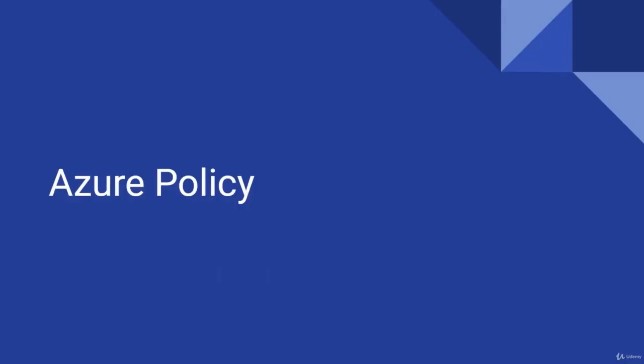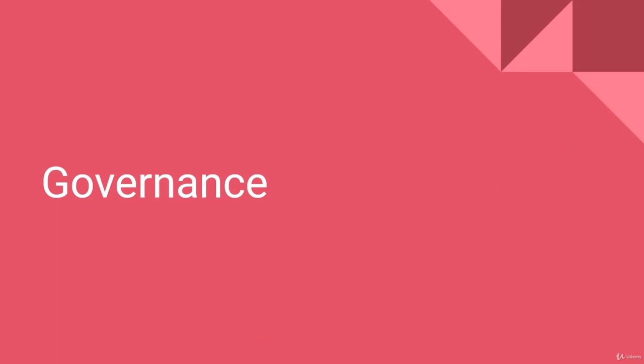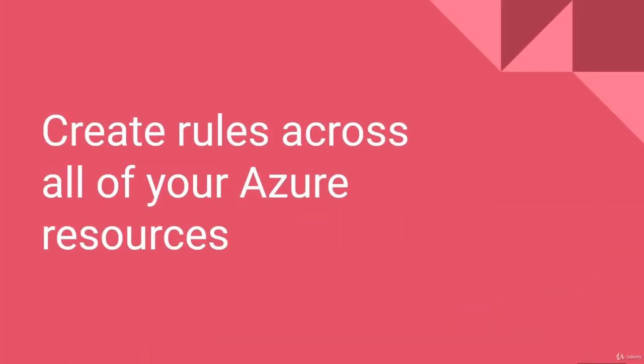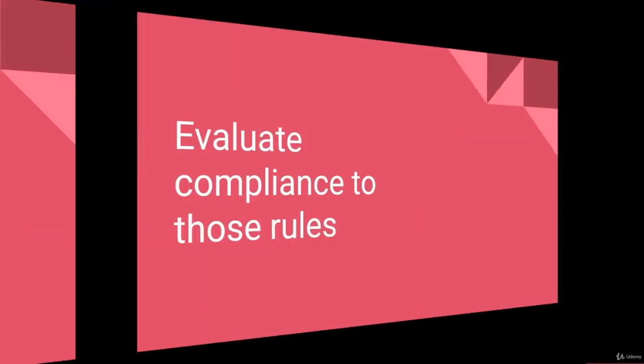Next up, another security feature is called Azure Policy. Azure Policy allows you to implement standards for your organization across Azure, okay? And this is a governance technology. So you can basically create rules across specific resource groups or across all of your Azure subscription that say these are the rules that we have to follow.